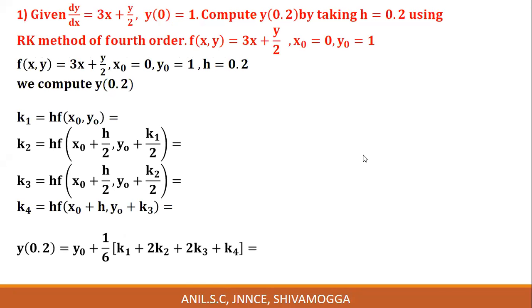First problem. Given that dy by dx is equal to 3x plus y by 2, we solved the same problem in the previous method also. Given dy by dx is equal to 3x plus y by 2, y of 0 is equal to 1, compute y of 0.2 by taking h is equal to 0.2 using RK method of fourth order.